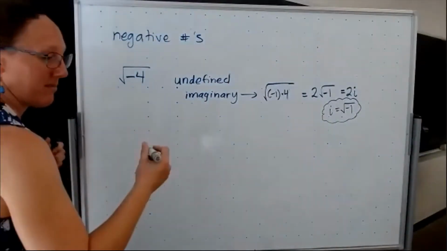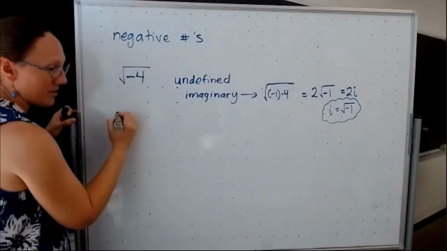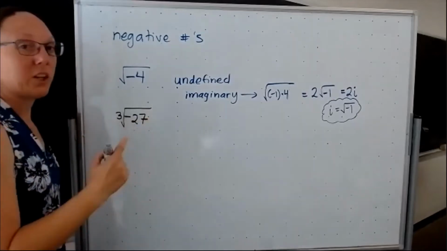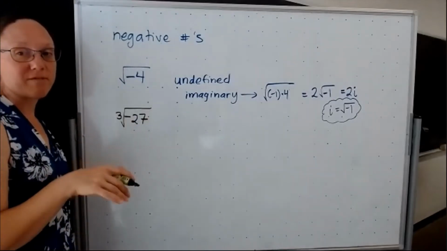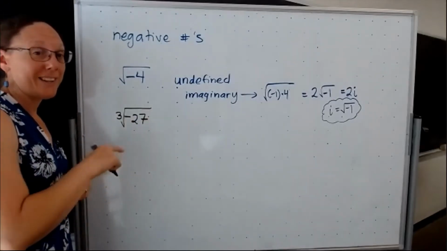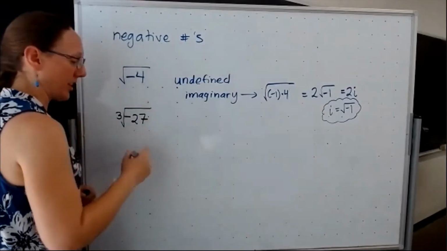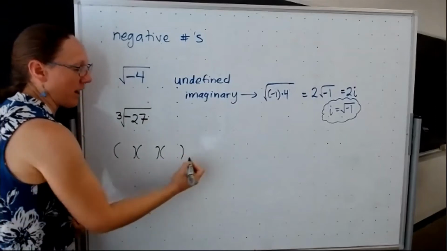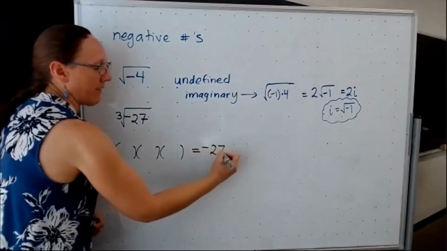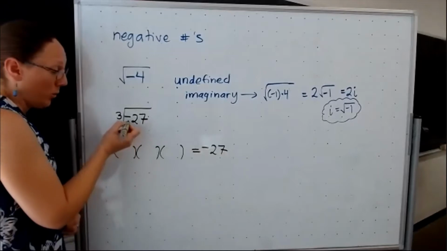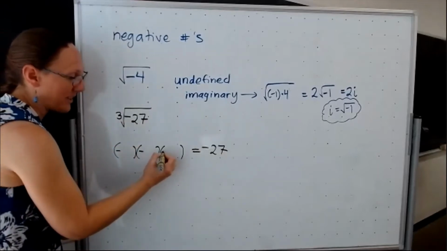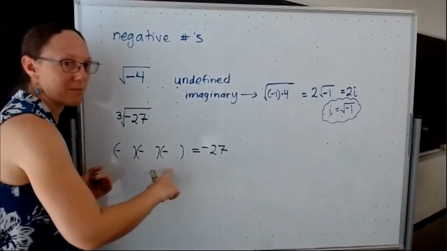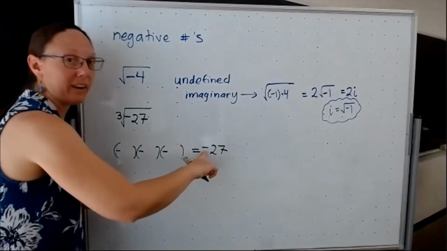Unlike square roots, we talk about cube roots. Cube roots of negative numbers are just fine. So this is asking us the question, what can I multiply by itself 3 times and equal -27? Well, if each of these is negative, then a negative times a negative would be positive, times another negative would be negative.